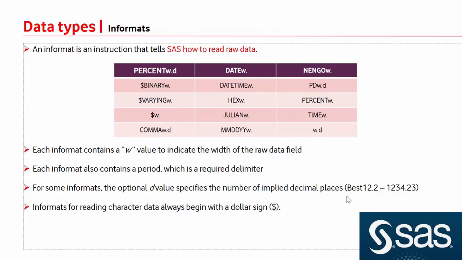For numbers, best 12.2 indicates that it is a number and 2 is the decimal place. We use 12 when the number is small and 32 when it is large. 1234.23 is an acceptable value for a variable with best 12.2.